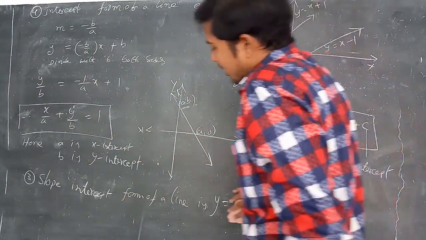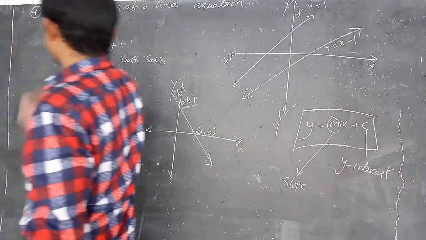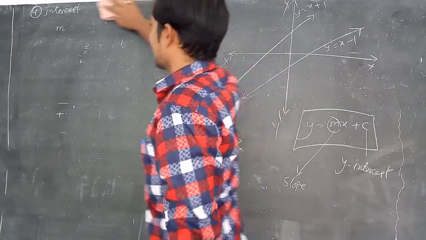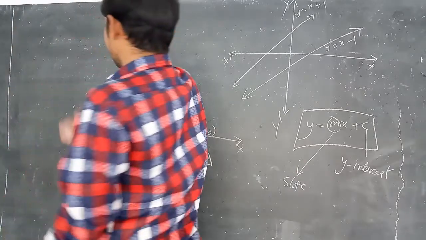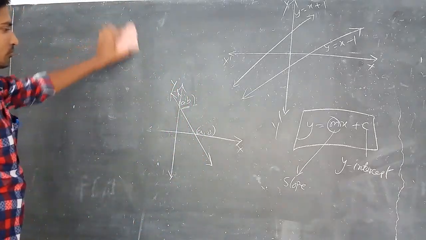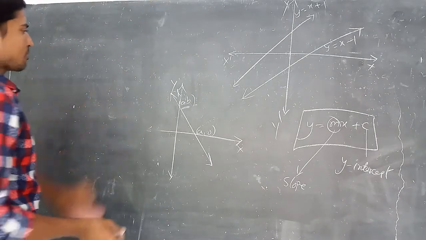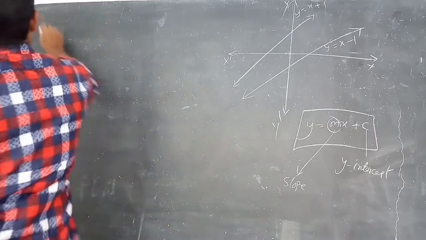When two points are given, then the line equation. This is the 5th point.